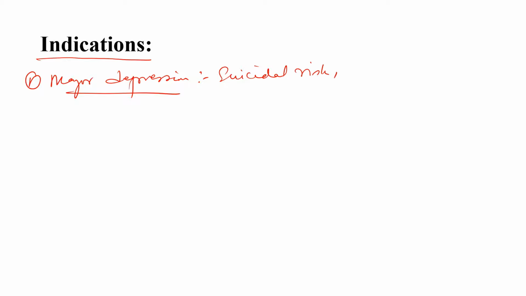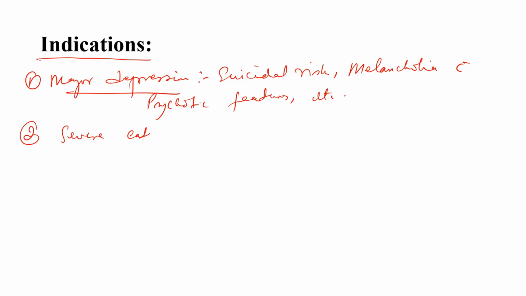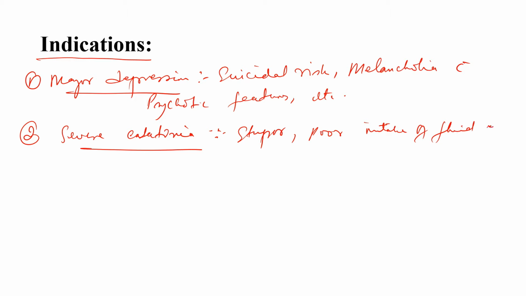What are the indications for ECT? First one is major depression with suicidal risk, melancholia with psychotic features, etc. Number 2 is severe catatonia with stupor, poor intake of fluids and foods.